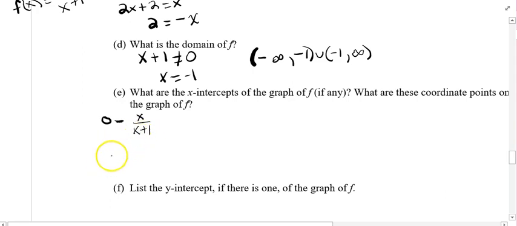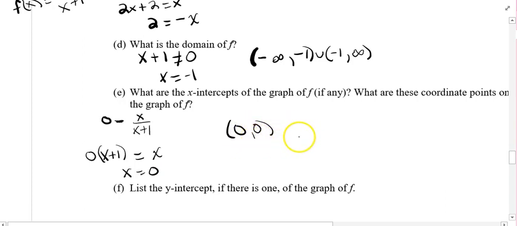I'm going to multiply both sides by x plus 1. So x plus 1 times 0 equals x. So we know anything multiplied by 0 is 0, so x equals 0. So our coordinate pair then is (0, 0). And we know that is the origin. So this one is going to have an x-intercept at the origin.